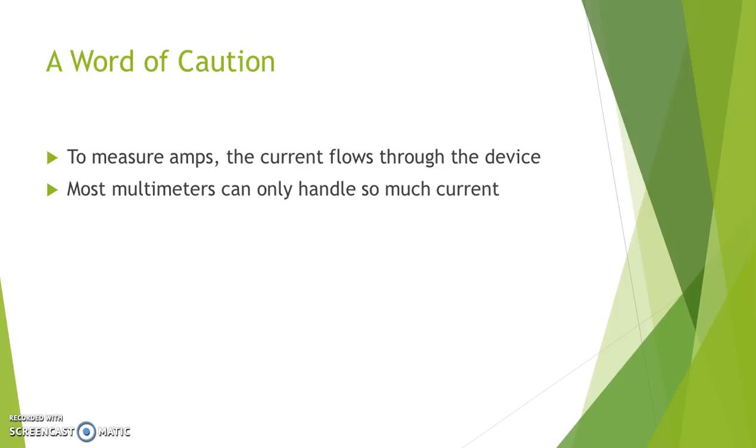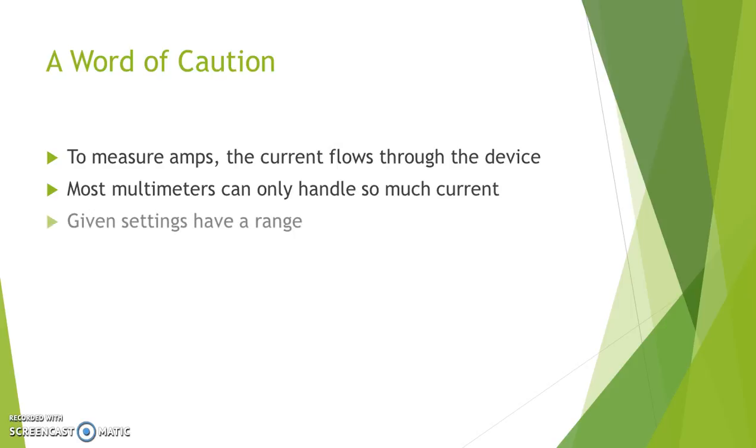So if you set up to measure milliamps and you actually run amps through your multimeter, you can blow a fuse. But if you get really crazy and you set up to measure amps and you have thousands of amps run through it, you'll burn out your device.